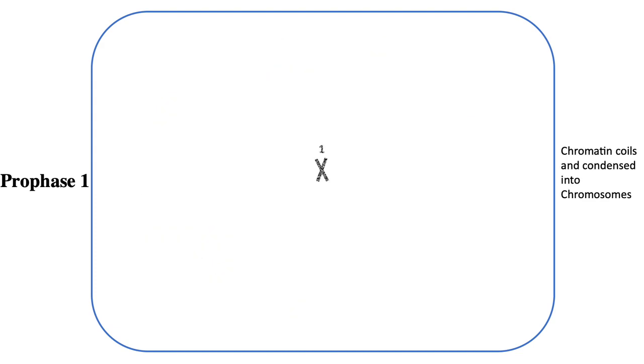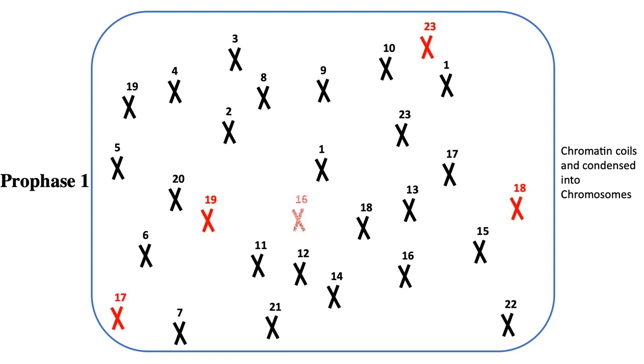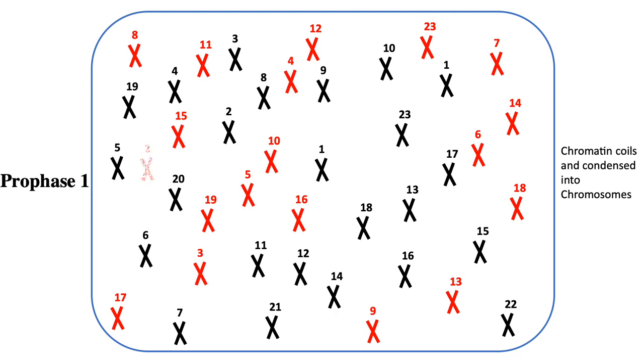So what happens next is the chromatin will coil into chromosomes, and by now you must have seen that I have numbered them. If you look closely, there are two chromosome 10s, one in black, one in red, and there are two chromosome 15s, one in black and one in red, and there are two of each chromosome number, one in black and one in red.